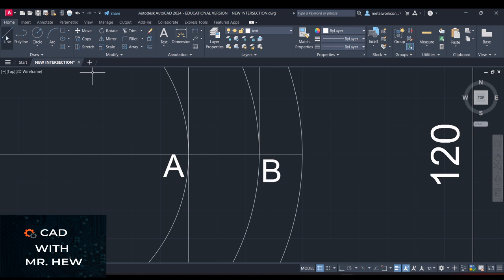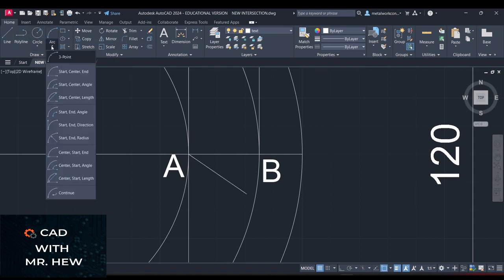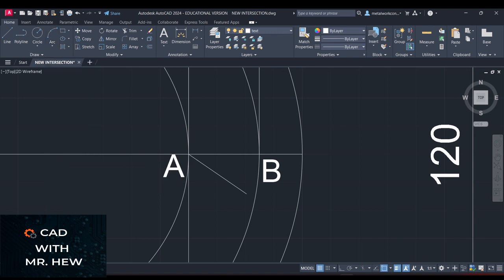So to divide it, what we'll do, we're going to draw a line, any angle, any length here. Then we're going to mark three arcs, all right? So center, start in. I'll put this at about 8. And here it is.